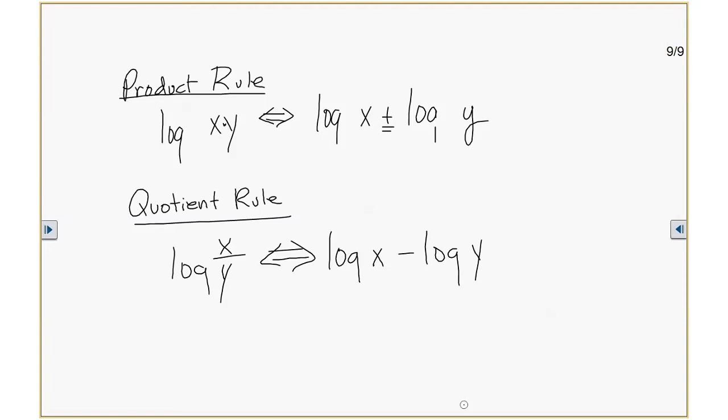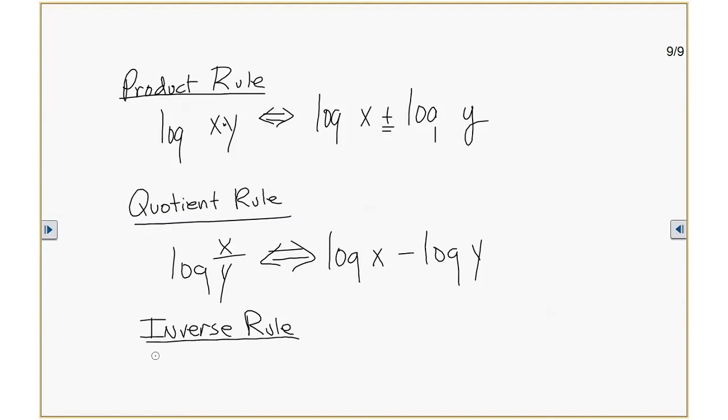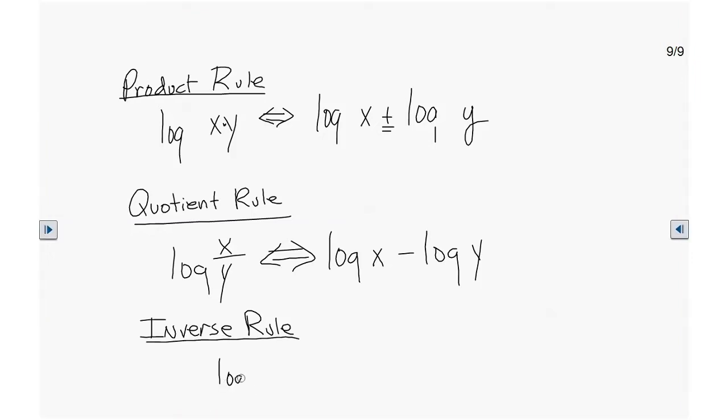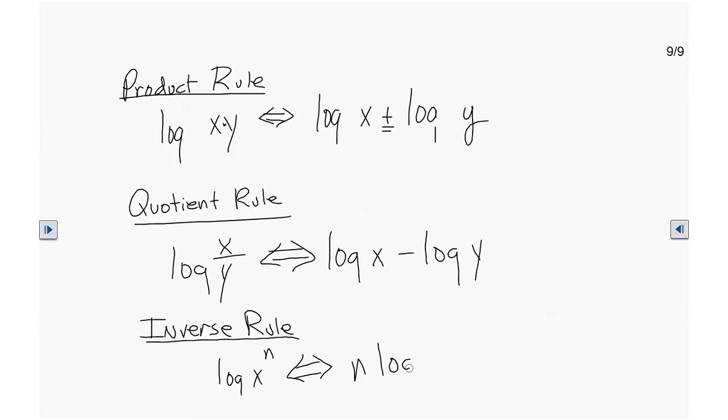And the inverse rule. The inverse rule says log of x to the y power, let's use n, to the n power yields n log of x.